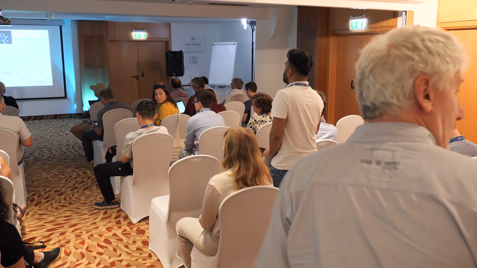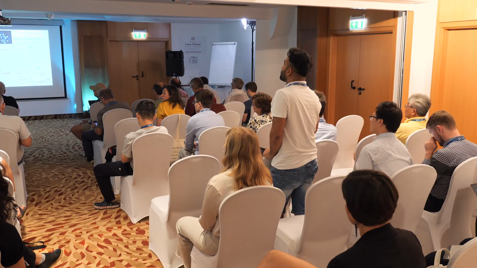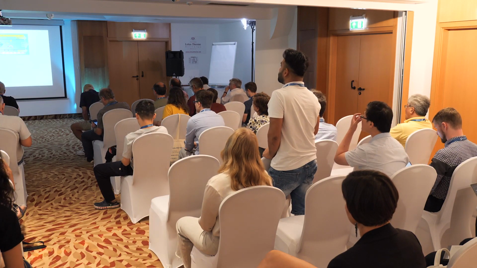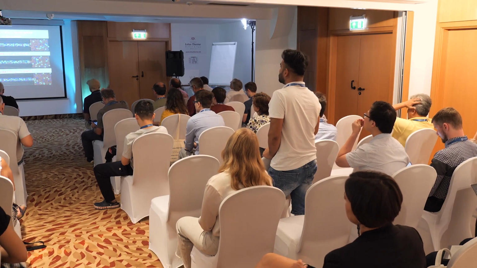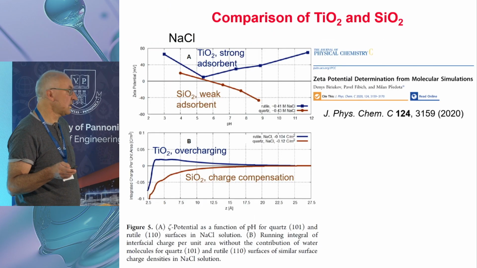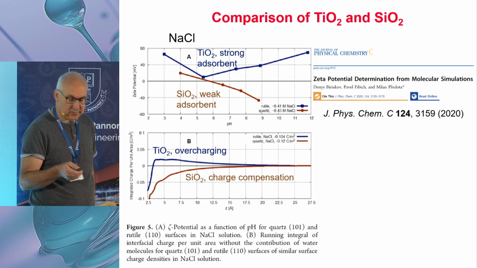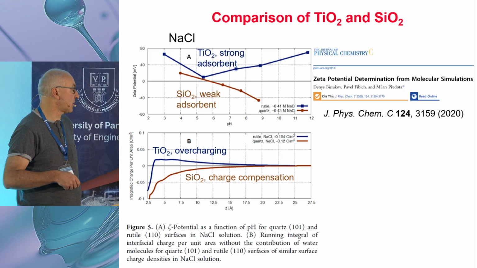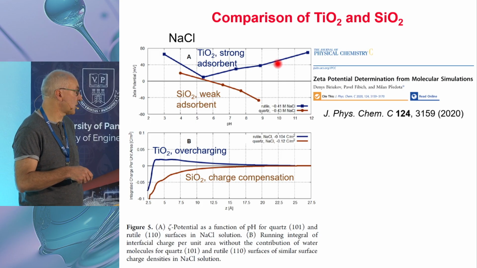With full charges, definitely sodium was overcharged, but in fact we published several papers on this, and in the later paper we also scaled charges, and we also compared the adsorption and zeta potential behavior at TiO2, which is a strong adsorbent.